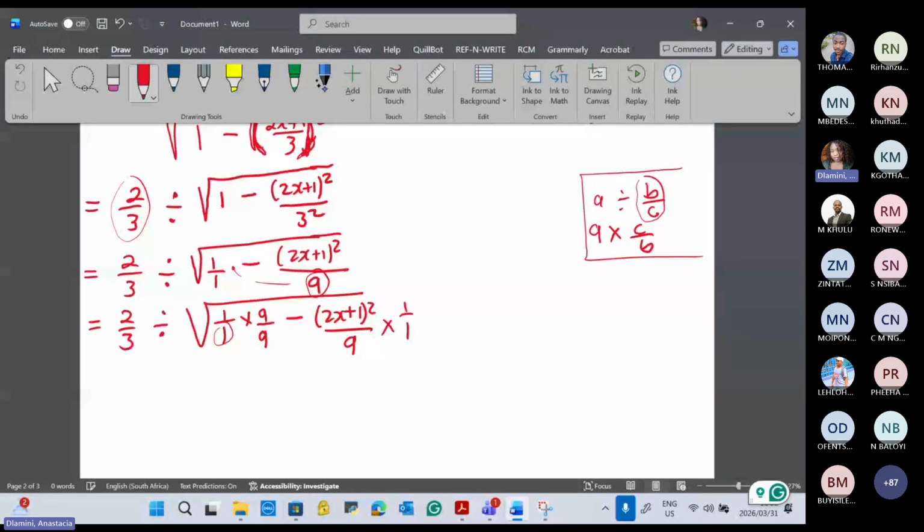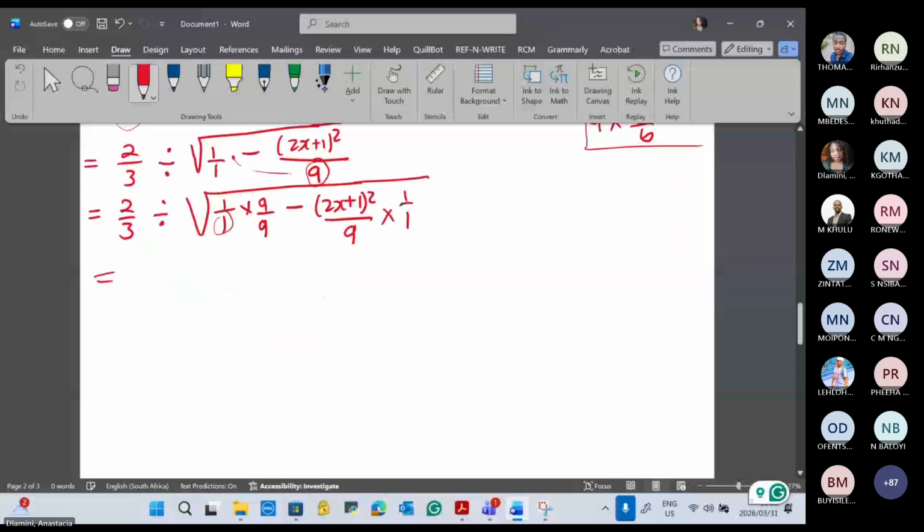So this is 2 over 3 divided by the square root of 9 over 9 minus, now let's simplify this. We said that (2x plus 1) squared is the same as, we first square the first term. In this case, the first term is what?